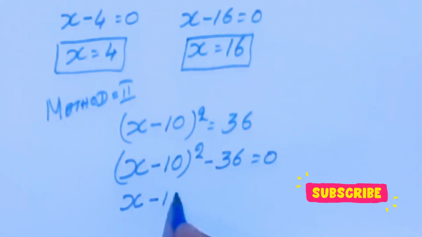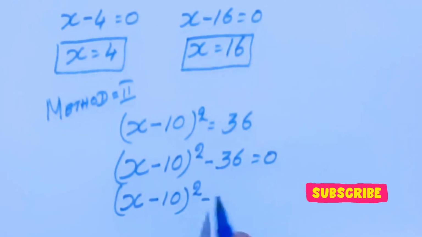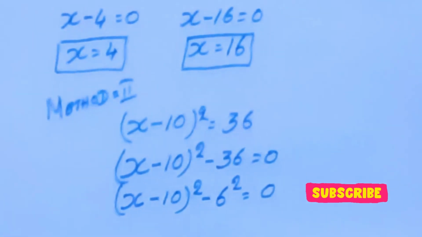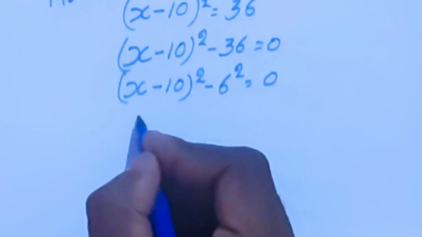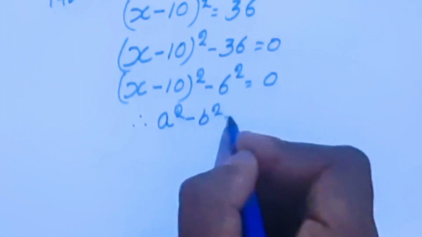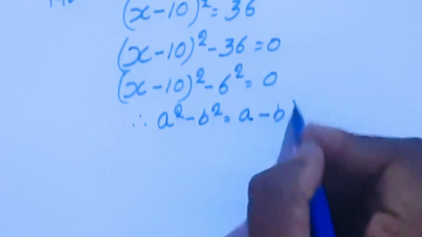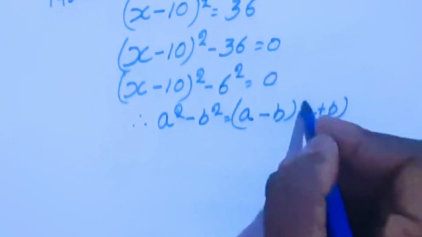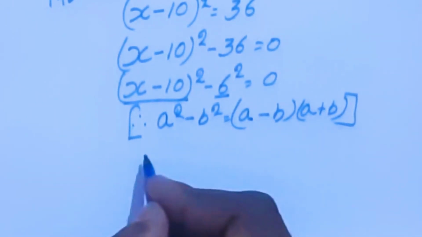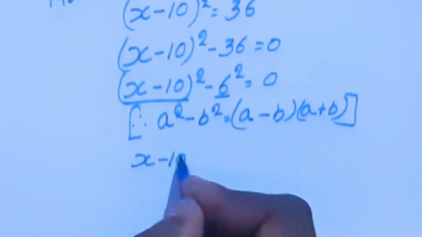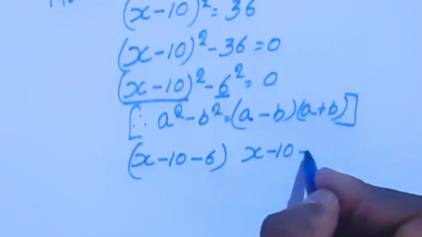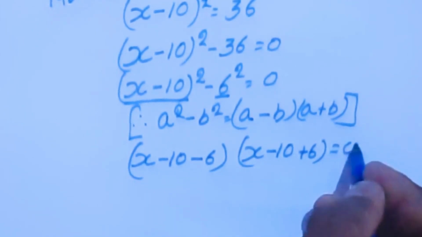Here (x - 10)^2 - 6^2 = 0. Now we are going to apply this algebra formula, that is a^2 - b^2 = (a - b)(a + b). Consider this is a, this is b. So (x - 10 - 6)(x - 10 + 6) = 0.